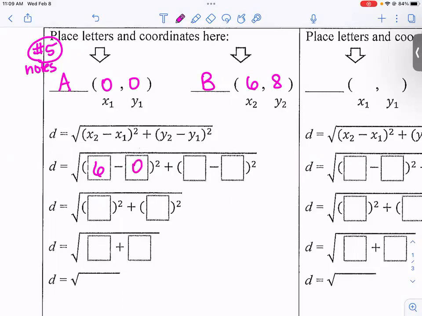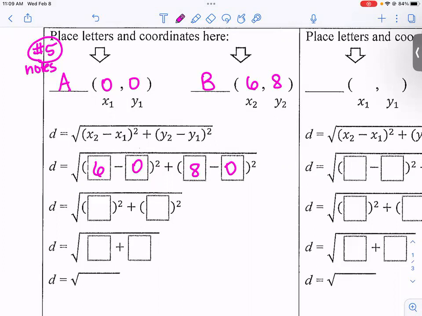Okay. y2 minus y1. So we're going to choose the y coordinate from our second point minus the y coordinate from our first point. Okay. So notice these both are x's. These both are y's.